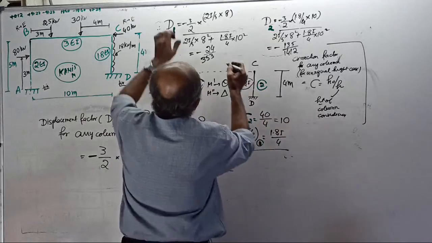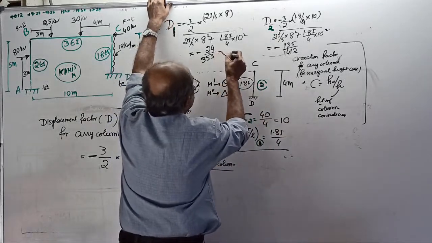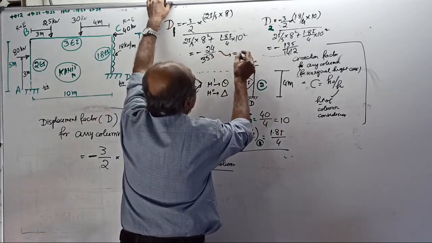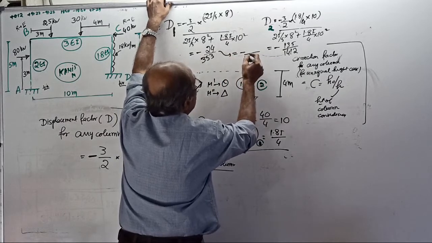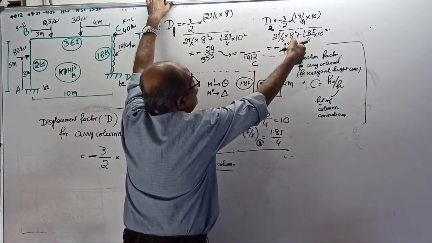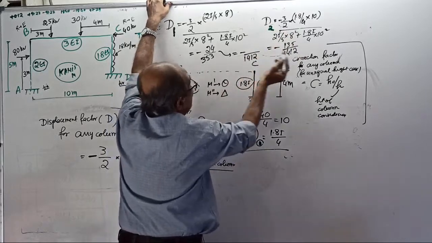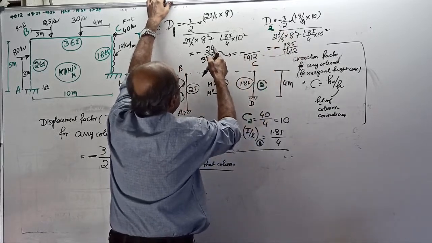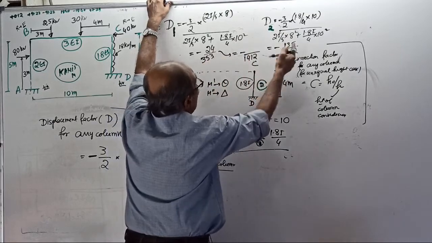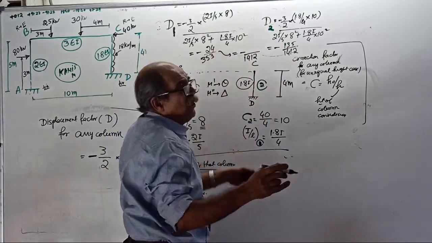So I will do one thing now. I will change it to, tell the answer, minus how much by 1412. Seeing that answer, I want the same denominator. Instead of 24 by 353, I will write what? Something by 1412.